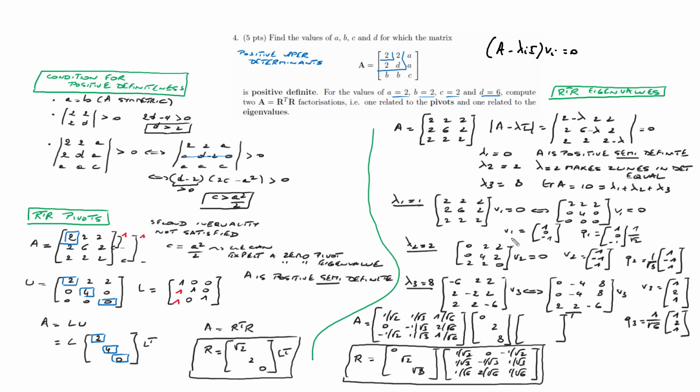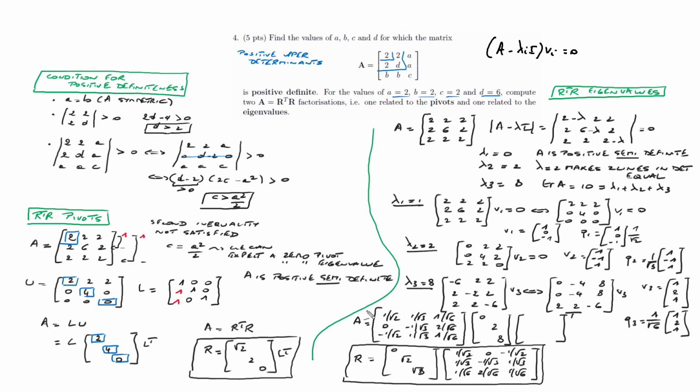We have an eigenvector, and we are going to take a normalized eigenvector, so we divide by the length, which is square root of 2. You can do something very similar for the second and the third eigenvalue. Here we have this normalized second eigenvector, and here you have the normalized third eigenvector, right?